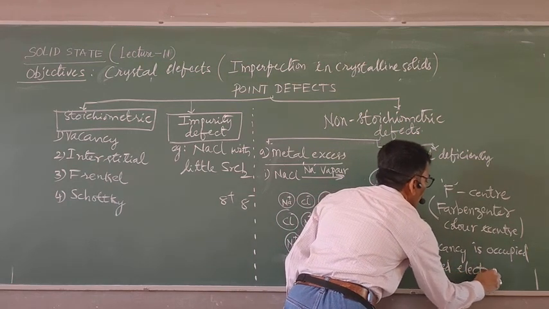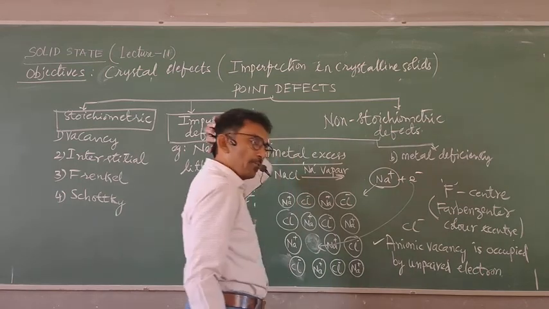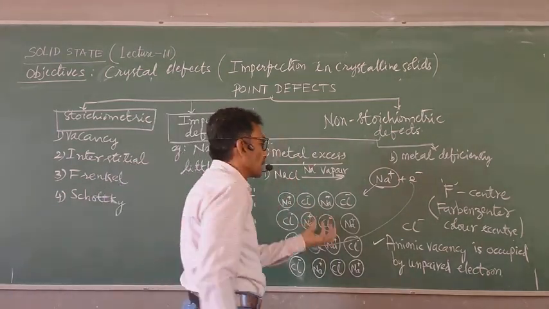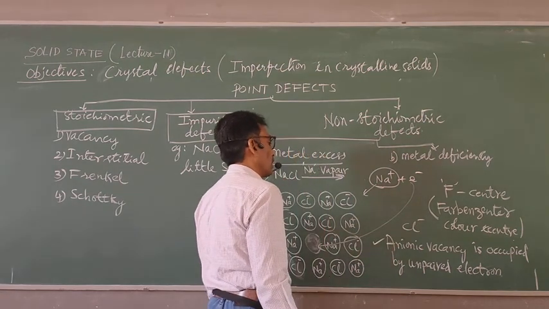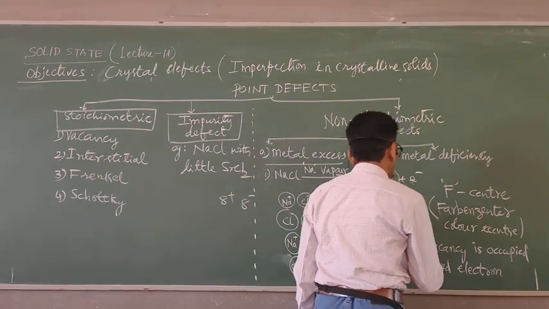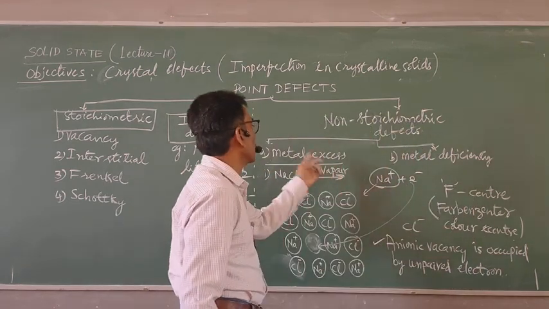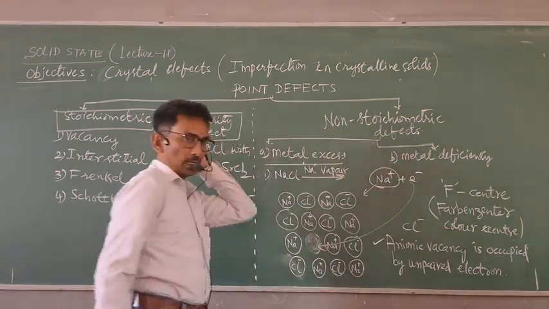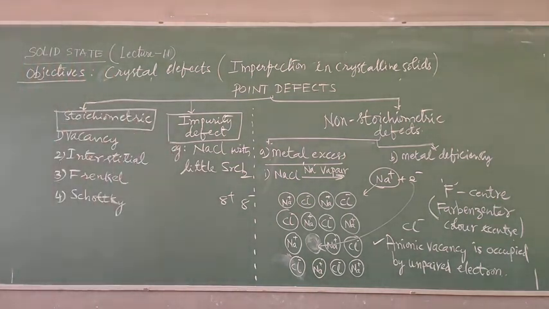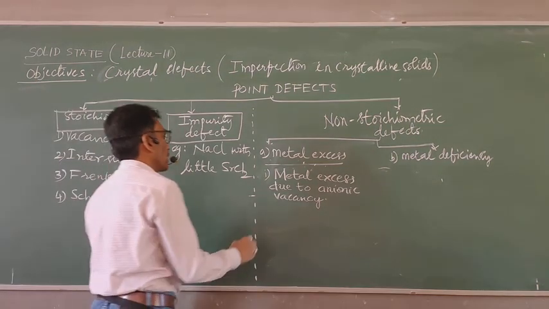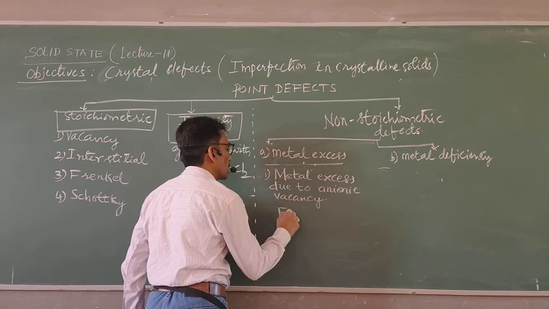This unpaired electron starts moving, therefore some electrical properties are increased a little bit and color is also produced. The anionic vacancy is occupied by an electron which imparts color, and that is called F center. So NaCl now gets yellow color. Metal excess due to anionic vacancy is also known as F center.